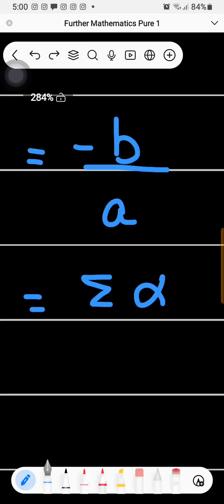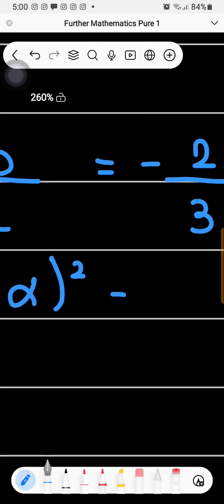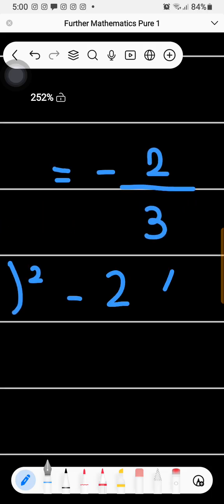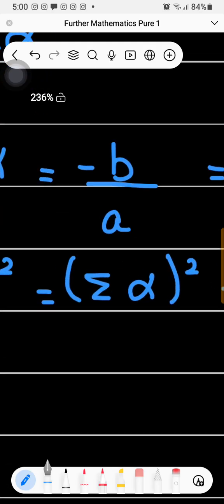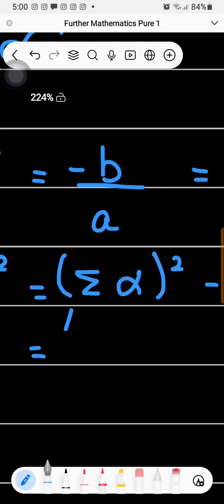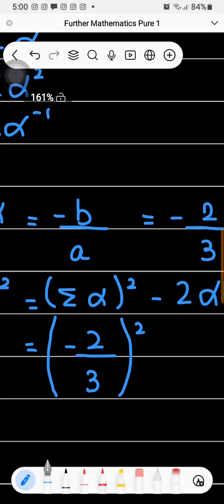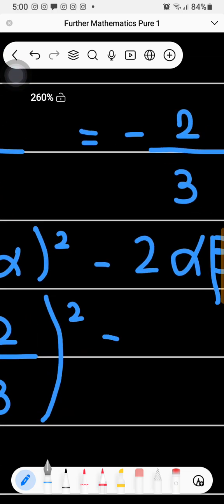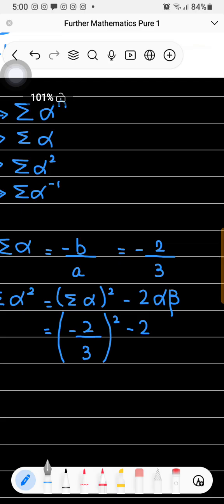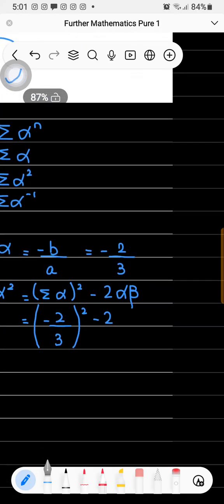That was a bracket here: sum of alpha whole square minus 2 alpha beta. Sum of alpha is equal to negative 2 upon 3, whole square. Now I will pick up speed, so please stay with me. Minus 2 alpha beta, where alpha beta is c upon a, negative 4 upon 3.